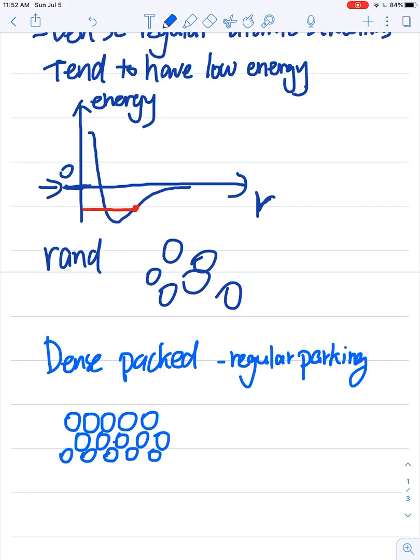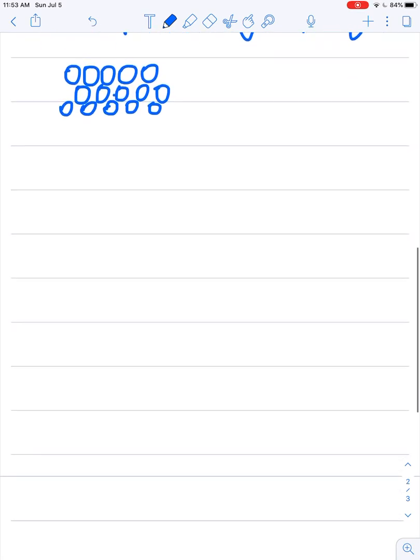It has a certain pattern. If we have a structure like this, the packing energy would be somewhere around here. That value on this curve is the minimum energy required to pack all the atoms. Remember, this axis is energy. So if you have a dense packed structure, there will be less energy involved.